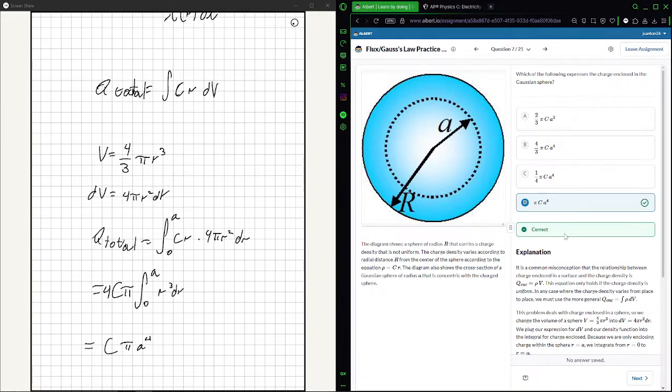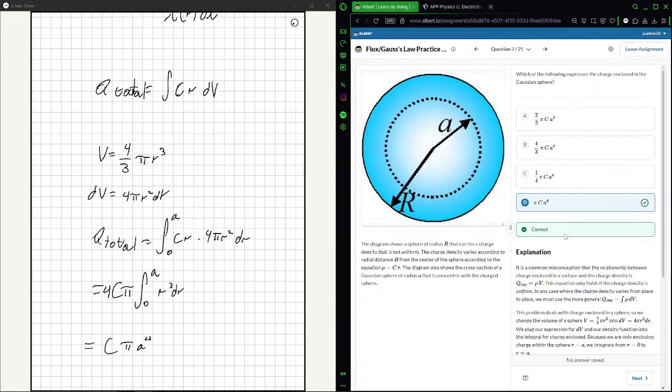Wait, is the Gaussian sphere here the solid line or the dotted line? There's no Gaussian sphere at all. You could say there is, because we're finding the enclosed charge based on the volume, but the Gaussian sphere would actually be neither of these. It would be a bunch of spheres, because it's dV, just a cross section of it.